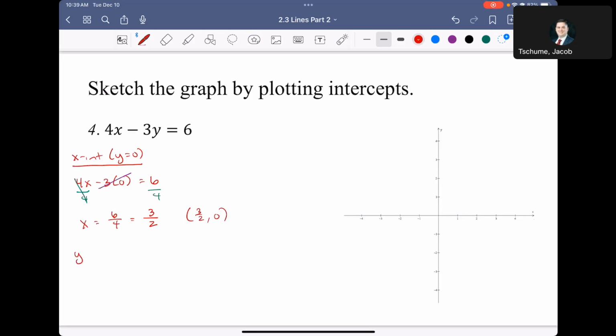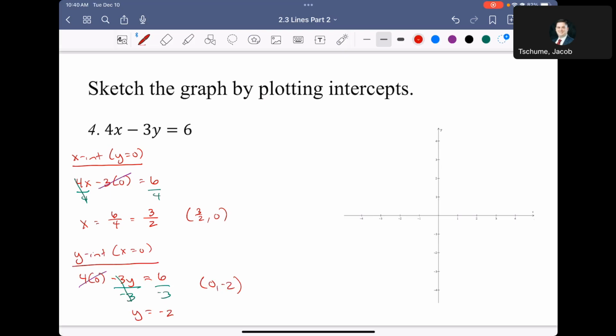For the y-intercept, just like we just saw in the last one, to find that, you need to let your x value be 0, which will make this 4 times 0 minus 3y equals 6, which once again, the 4 times the 0 is going to go away, and we can divide both sides by negative 3, and that will give us y equals negative 2.